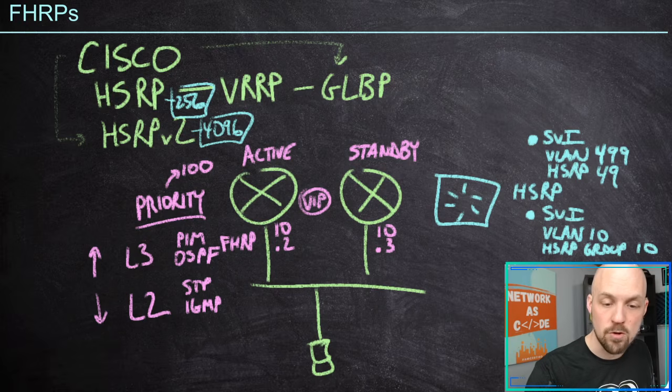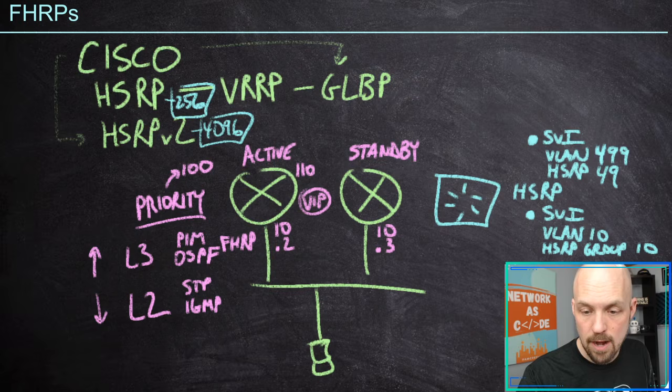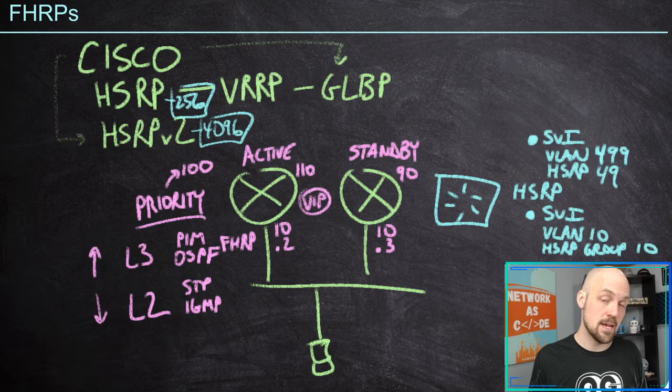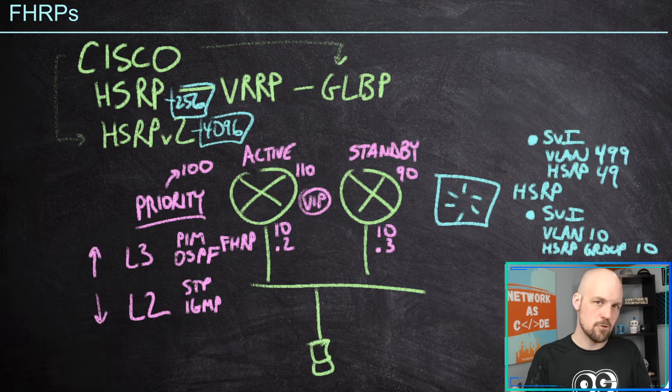So a lot of times what we do is we set one router to be 110 and the other router to be 90. Because that makes sure that the standby is always the standby because it's less than the default, which is 100. And the active should always be the active at 110, as long as we're comparing to routers that are attached that we keep the default.